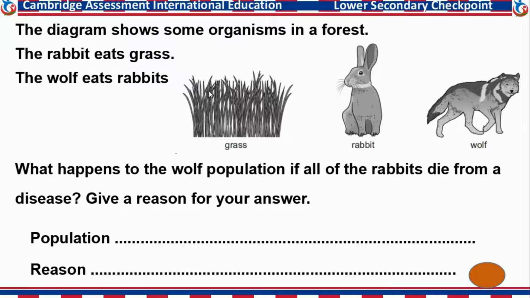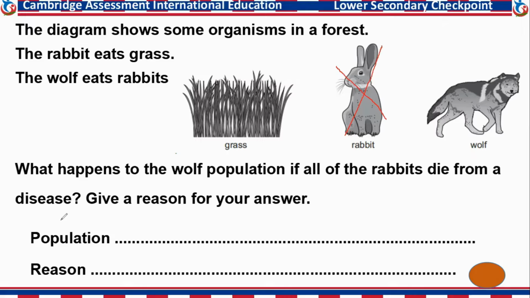So what happens to the wolf population if all of the rabbits die from a disease? Look at where the rabbit is. If all of these rabbits should die, if you take this out of this chain, what will happen to the population of the wolf?